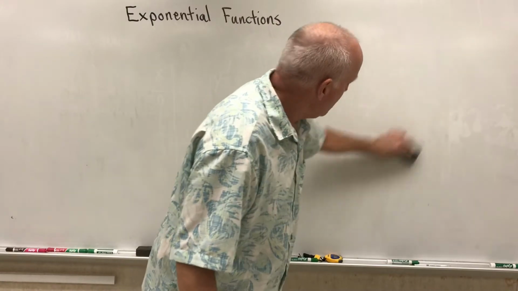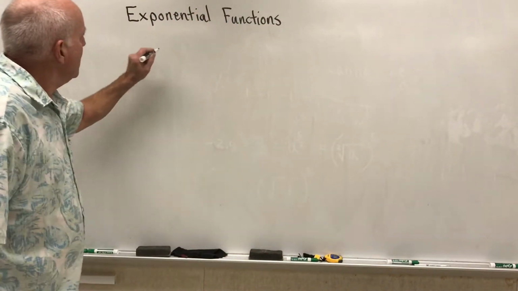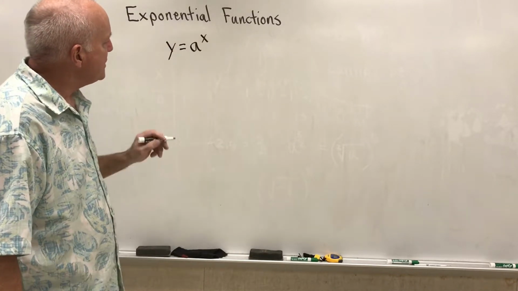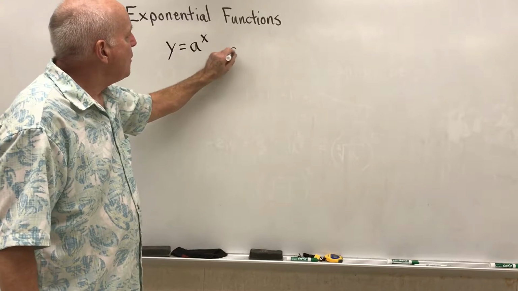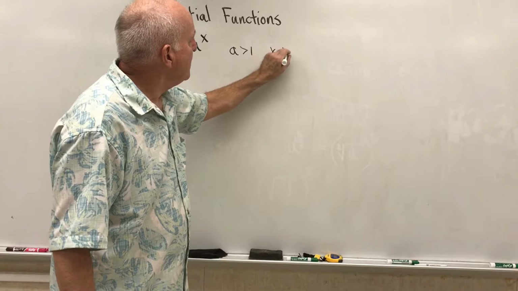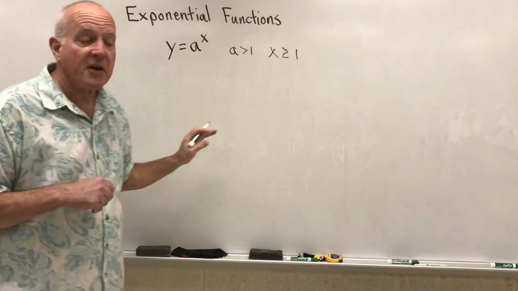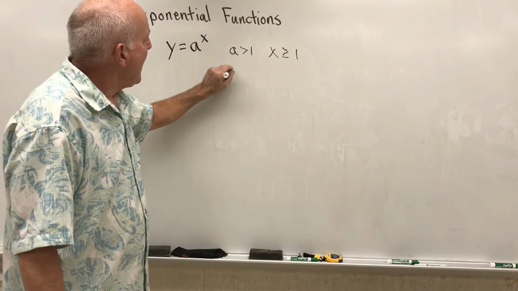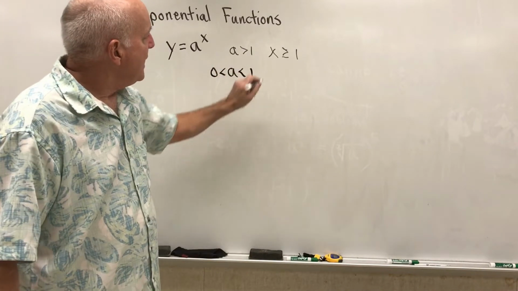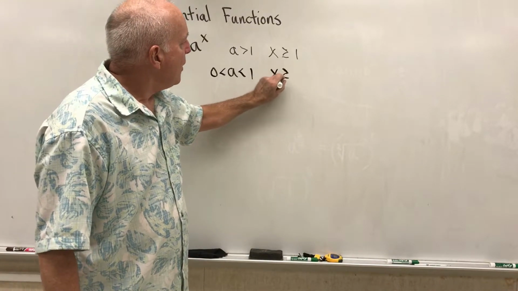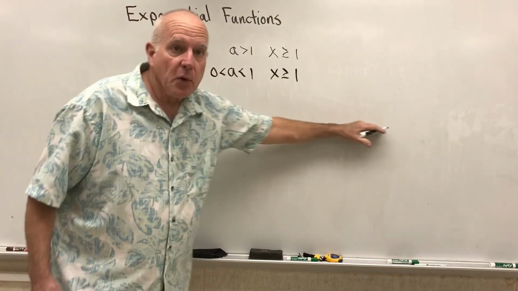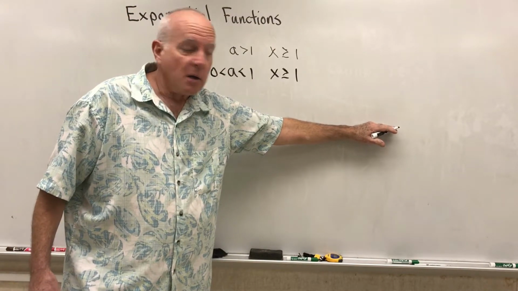So for the function y equals a to the x, we looked at where a was greater than 1 and x was greater than or equal to 1. We saw that on day 1. Then we looked at a greater than 0 and less than 1, and x greater than or equal to 1, and we saw that that was a function that asymptotically approached 0 as x went to higher numbers.